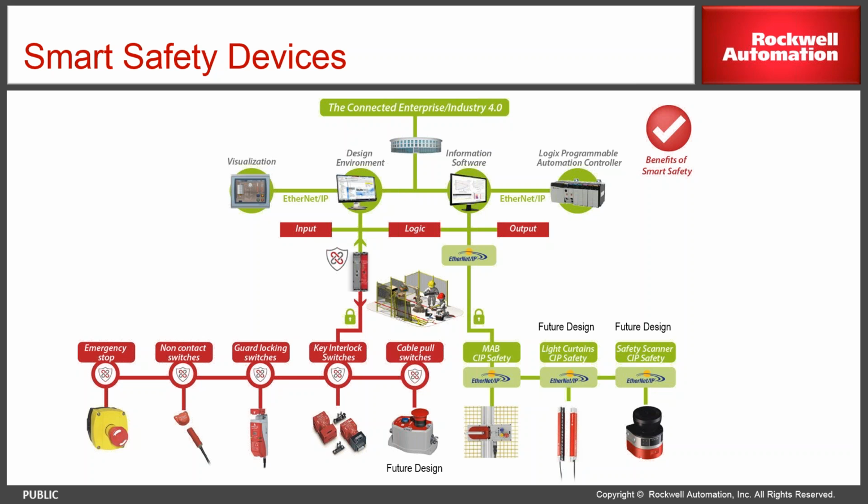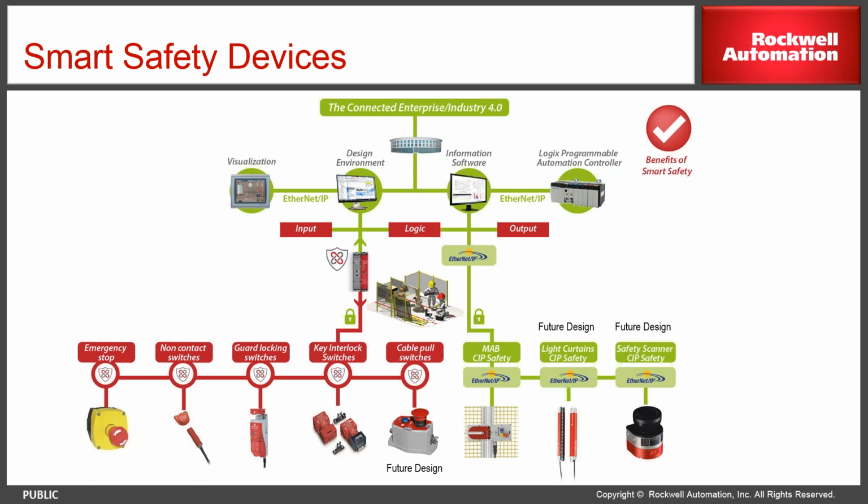For example, if you look at the MAB SIP safety device, the first one highlighted in green there, if you were to wire it in the conventional way, it would have around 24 wires. But when I hook it onto a network directly, I save 24 wires. It directly sits on a network, and I can take all that data to the controller up to the enterprise level.